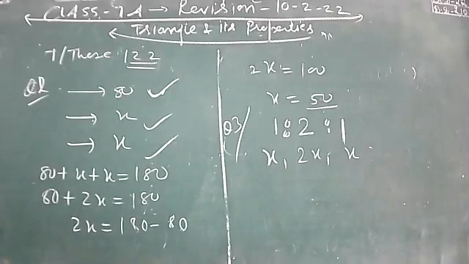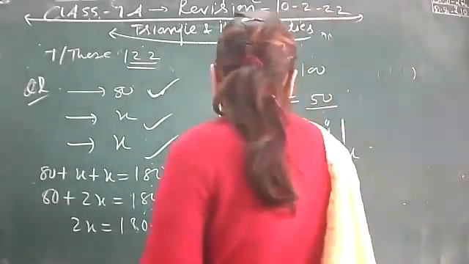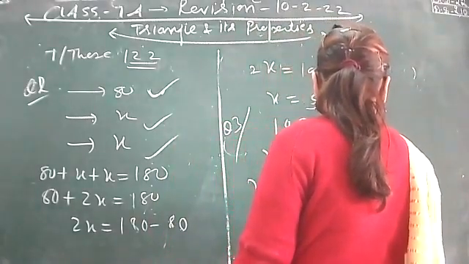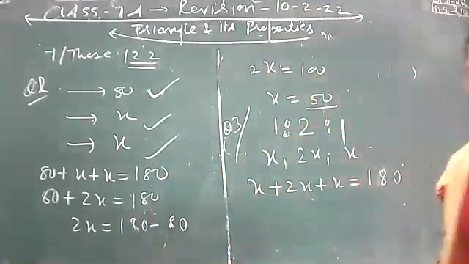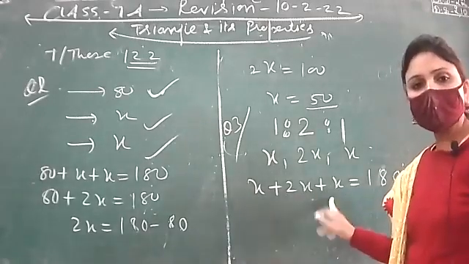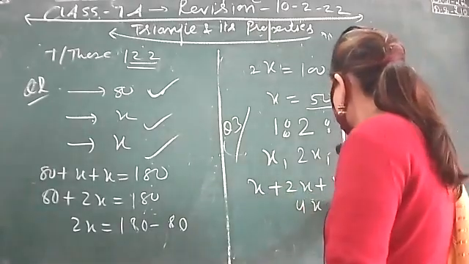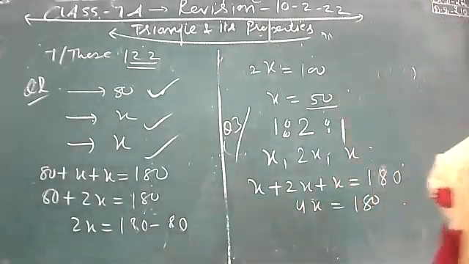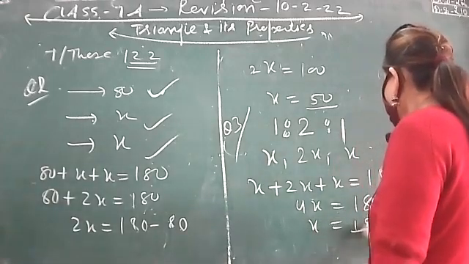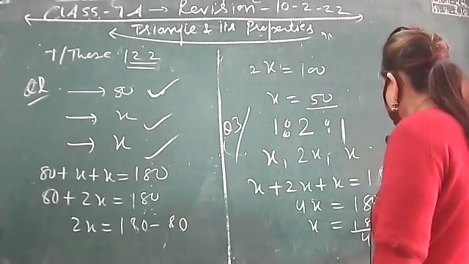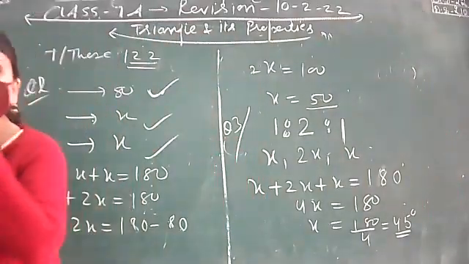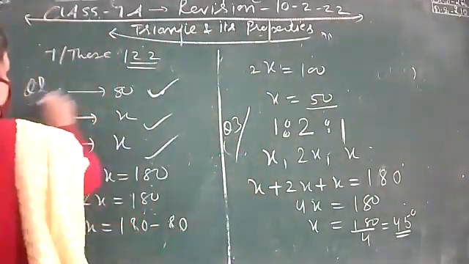Now use angle sum property on all three. That means x plus 2x plus x equals 180 degrees. This is 2x plus x, 3x plus x, 4x. 4x is equal to 180 degrees. So x is equal to 180 upon 4, which is 45. The matter doesn't end here, because we want to find each angle.